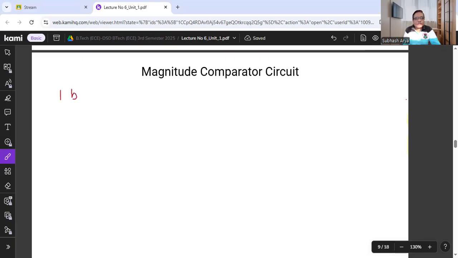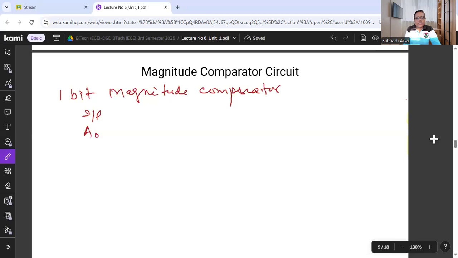Suppose I take a 1-bit magnitude comparator with inputs A0 and B0, and here we write the outputs: A is greater than B, A less than B, or finally A is equal to B.